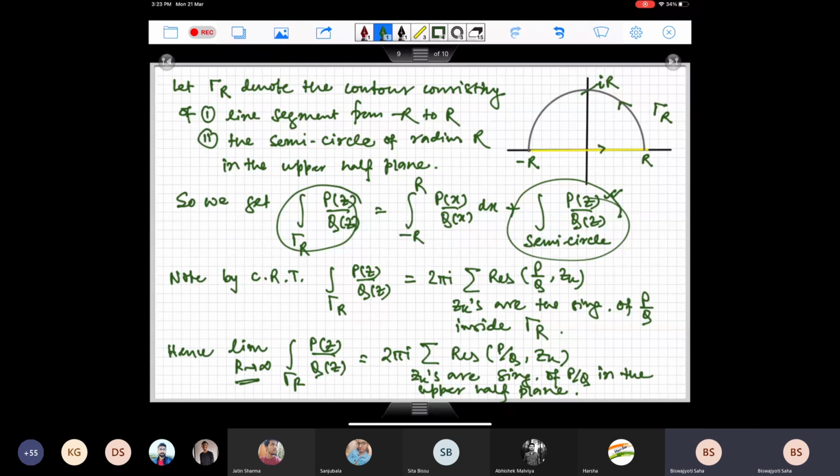It is equal to 2 pi i into the summation of residues of P by Q in the upper half plane. It is effectively this. There's nothing else.